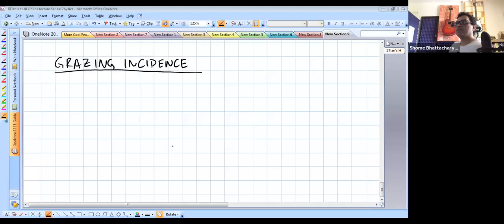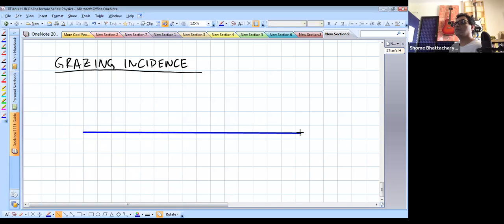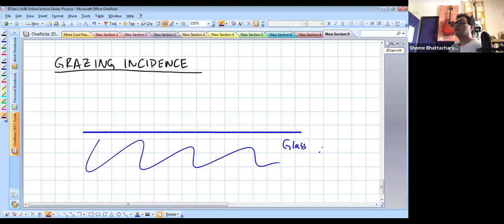Yeah, so let's understand the concept of grazing incidence. Let's say we have an example like this. Let's say this is glass, refractive index equal to 3/2, and this is air. Now we have rays coming from some very distant source, which are almost parallel to the surface here.